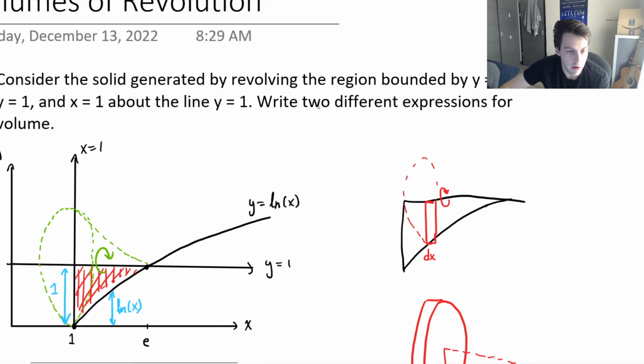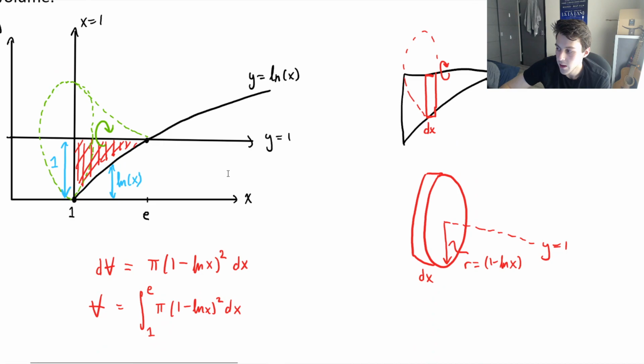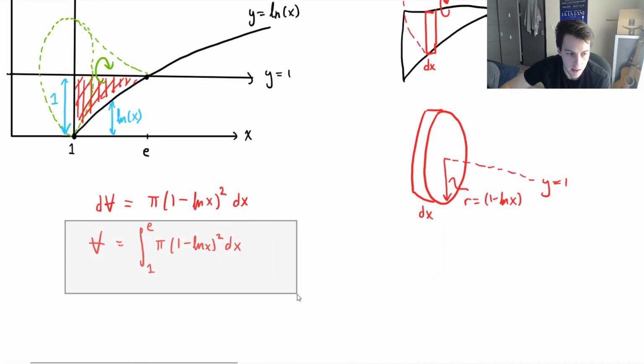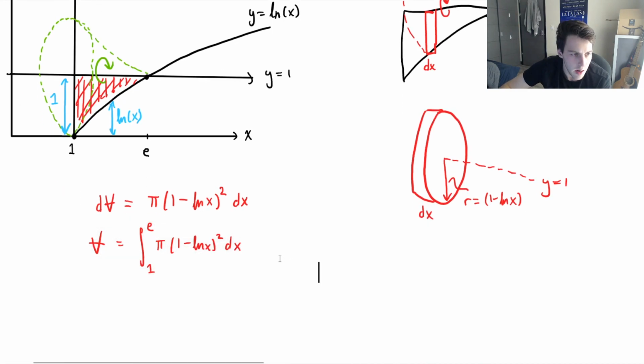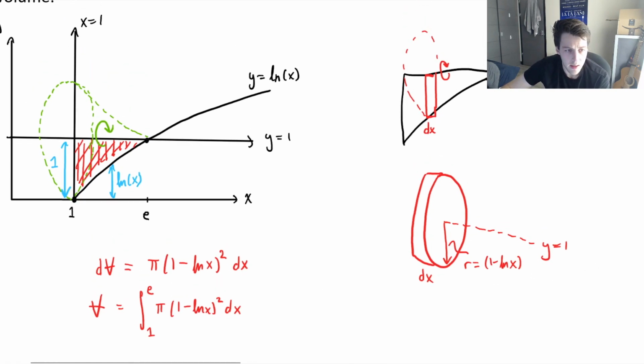It says write two different expressions for the volume, and we have just come up with one expression. I believe they would call this the disk method in a calculus course. Honestly, I don't really like giving them names, because it makes most sense to me to just create the differential volume using understanding and then construct the integral however makes the most sense.